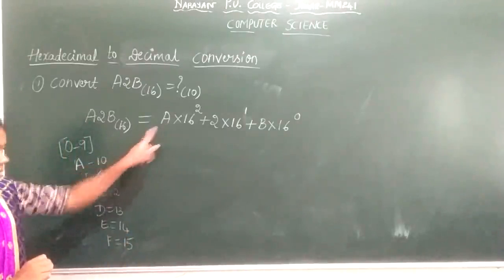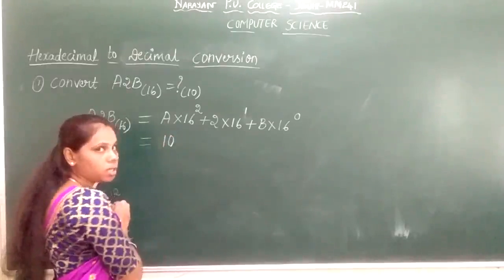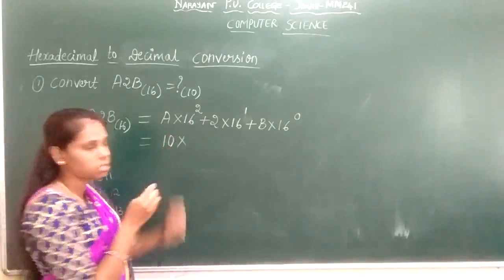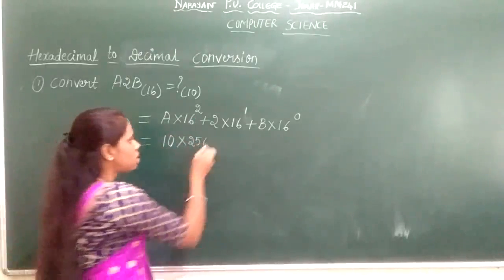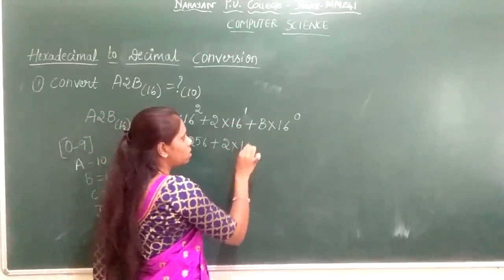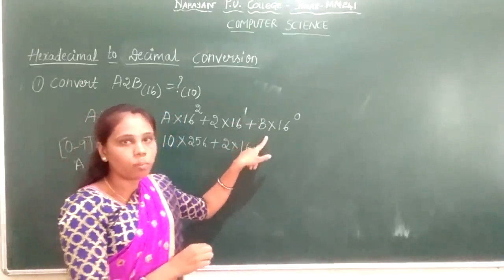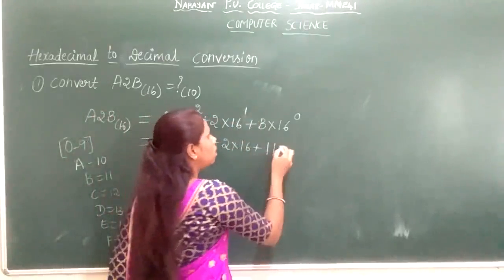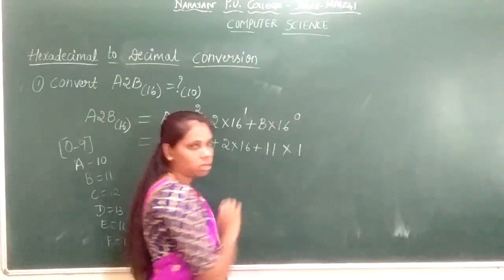Now we have A. The value of A is 10 into 16 power 2, that will be 16 into 16 is 256, plus 2 into 16 power 1 is 16, plus the value of B is 11 into 16 power 0 is 1.